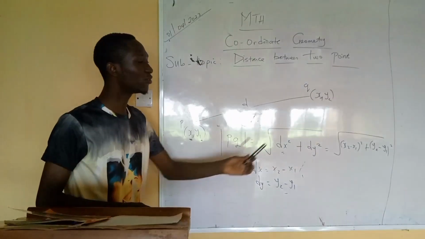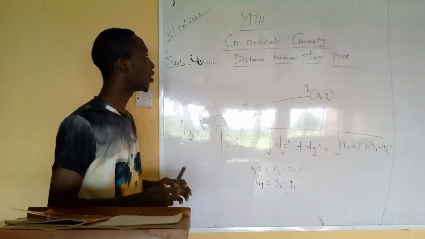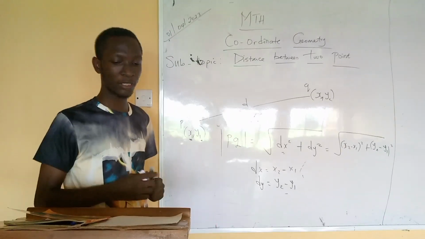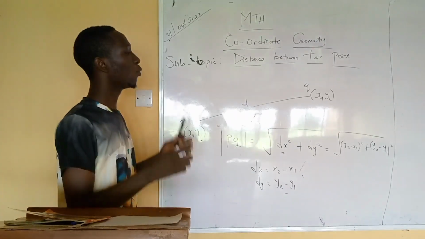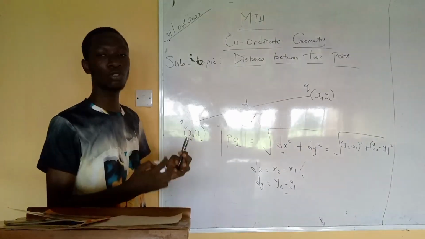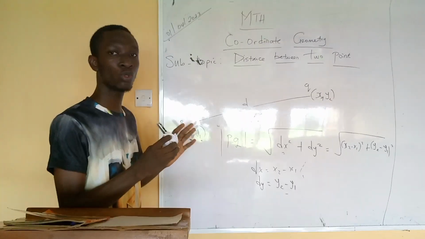So therefore this is the formula for distance. So now how do we solve questions under distance between 2 points? I'll be bringing some questions, and then we'll practice together so that we get a deep understanding of how to solve various questions under this subtopic, which is distance between 2 points.